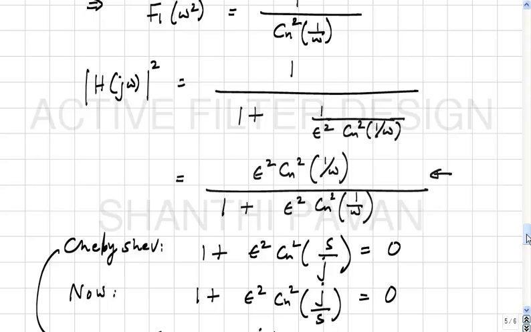Yeah, so you know the frequencies at which Cn goes to 0, they must be the zeros of the polynomial, right? So you can find the roots. So I will conclude inverse Chebyshev with an example tomorrow. I will stop.